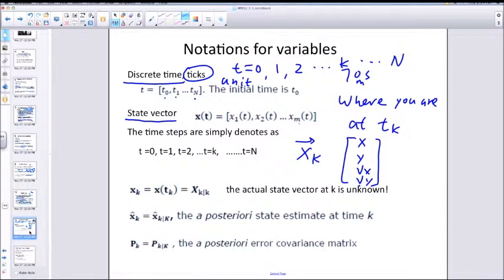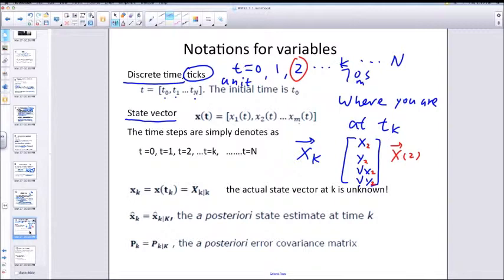That's a state variable. But that's not enough. I need to put the little k here. What does that mean if I put a 2 here? Or sometimes some others give this way, put the 2 this way. That means you are in the second tick time. So if you don't understand this, nothing you could understand. So that's the state vector.